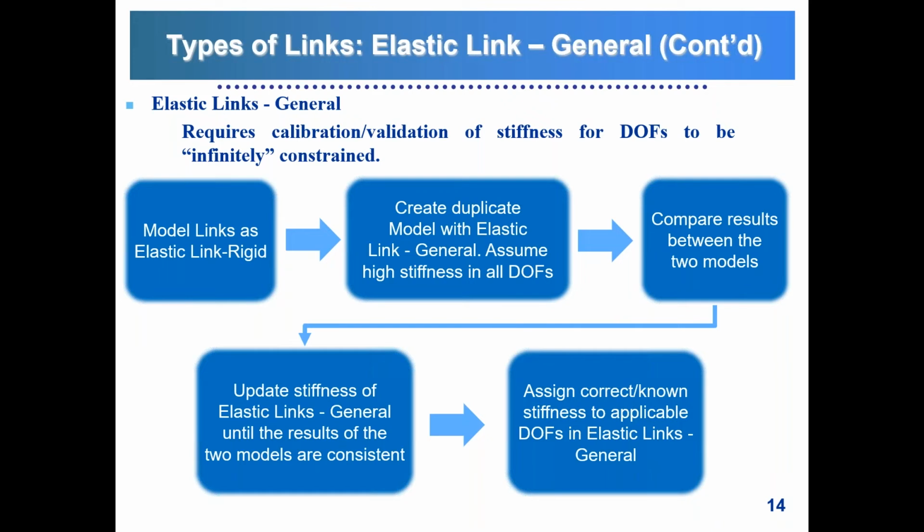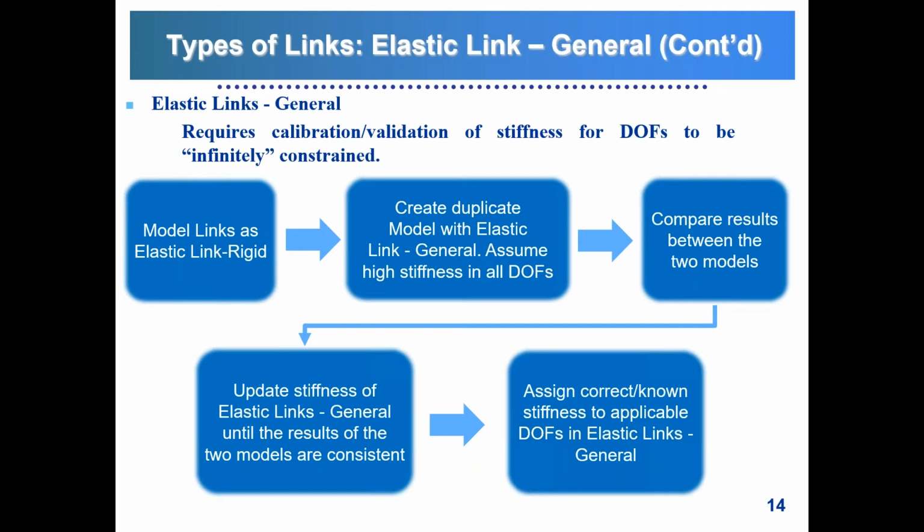So essentially, where I'm going with this is you want to have one model with rigid elastic links and a second model with general links that have a very high stiffness that behaves exactly as your first model. So it may take a few iterations, but you want to make sure that you increase that stiffness in the general elastic link until you get the same results as the model with the rigid elastic links.